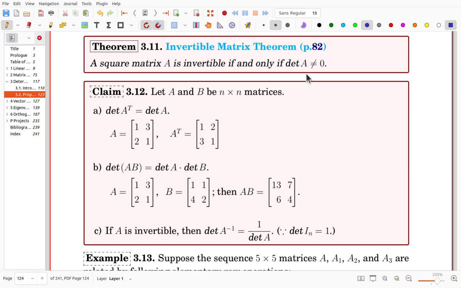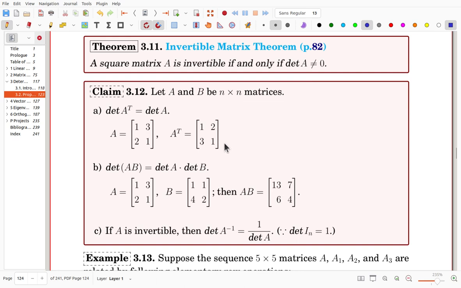That means the homogeneous system AX equals 0 has a non-trivial solution, which means A is not invertible. We start with determinant 0 and reach non-invertible. You may also start from there to here, so they are equivalent. So invertibility is the same as non-zero determinant.